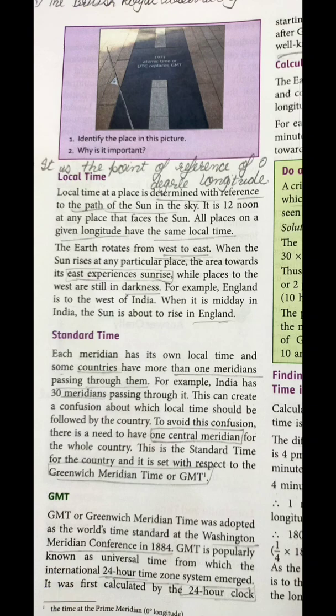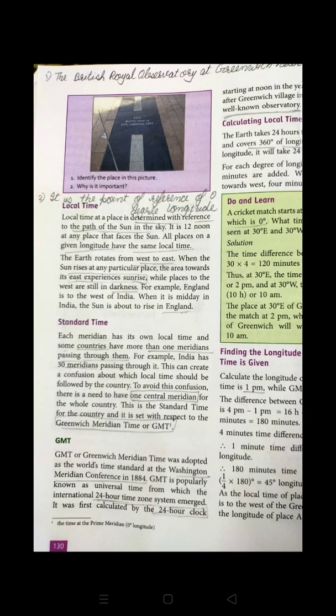Further, local time. How is local time determined? The local time at a place is determined with reference to the path of the sun in the sky. It is 12 noon at a place that faces the sun, and all places on the same longitude have the same local time. When the earth rotates from west to east, as the sun rises at a particular place, the area towards the east experiences sunrise first.